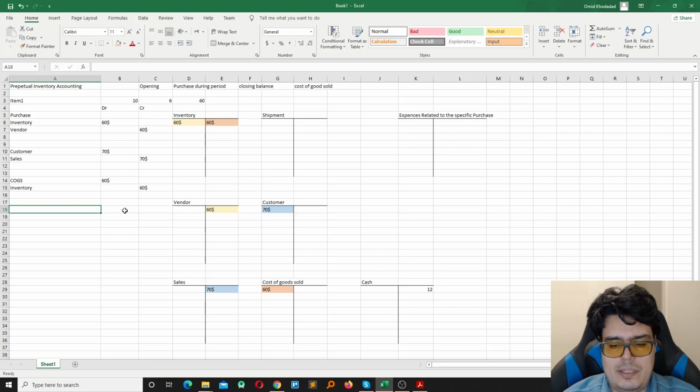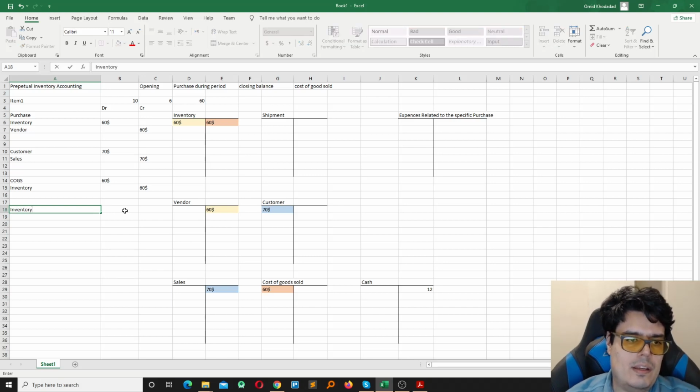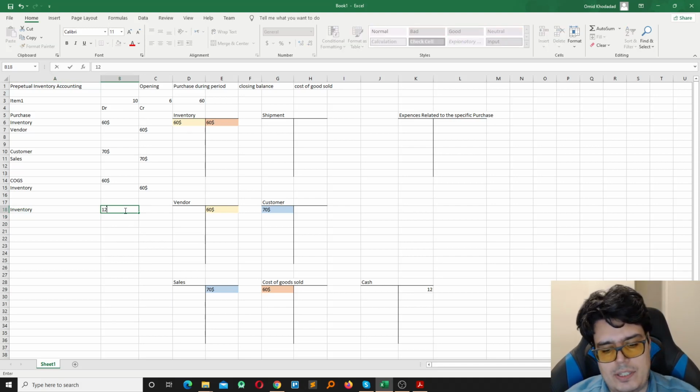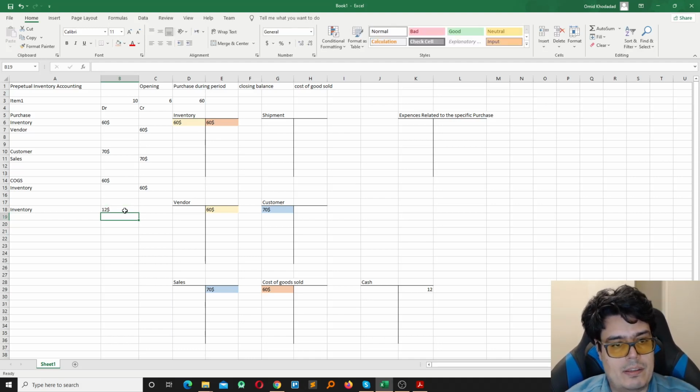We should debit inventory, because it will also increase the value of our inventory. For this, let us have $12, so that it has a factor of 6 in it, so that in future I can have a good number.